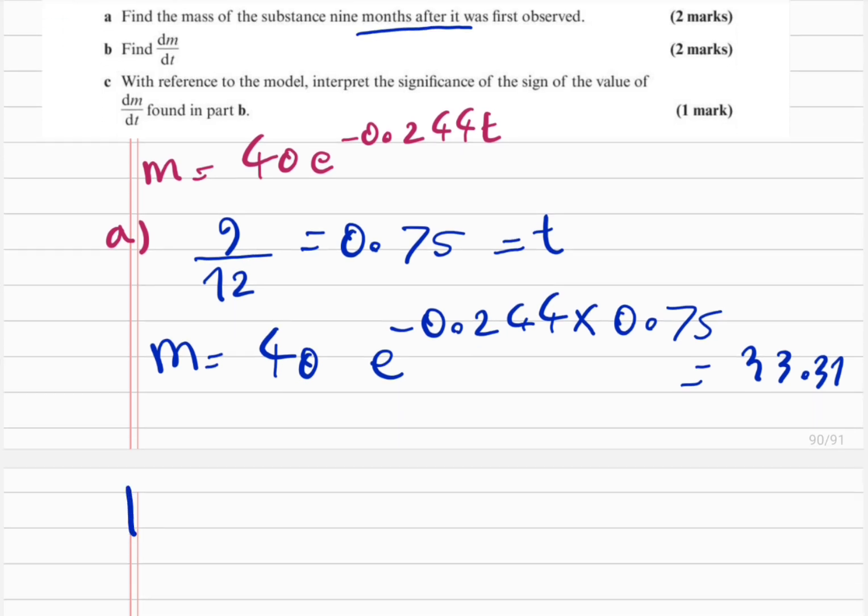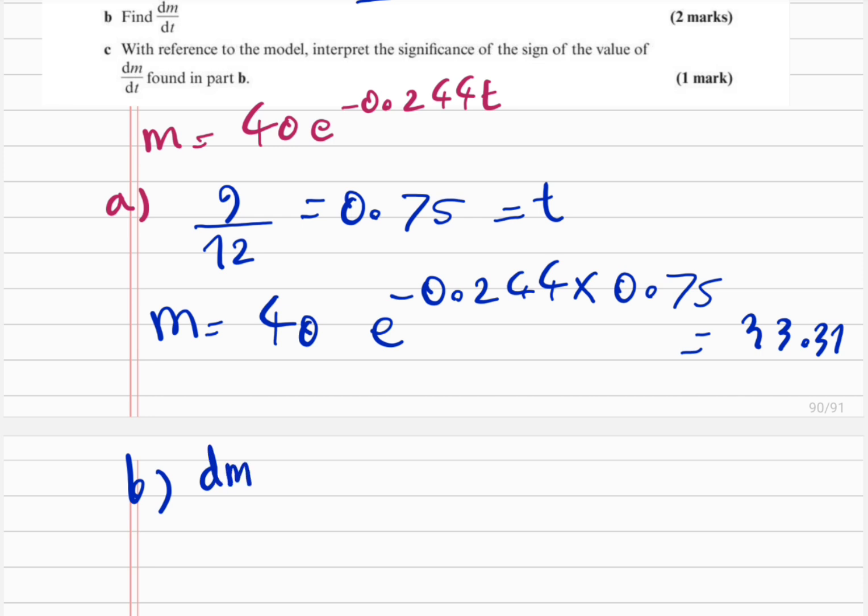Okay, for part B, we want to find dm by dt, which is the derivative of the equation of the mass. It's an exponential function, so we first differentiate the power, and that comes down as a coefficient.